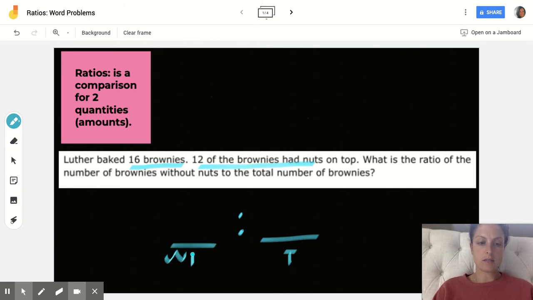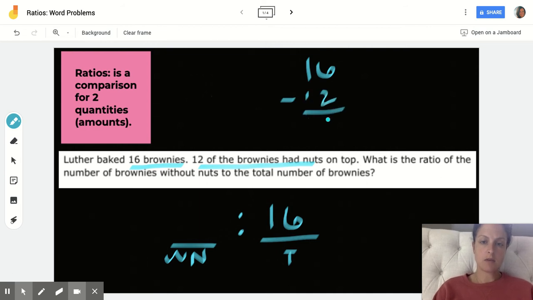Sometimes it's good to just make notes. So the total brownies I see back in the problem was 16. So we have 16 total brownies. That comes second based on our question. And then the brownies without nuts. It says 12 of the brownies had nuts. So to figure out how many did not have nuts, we would take our 16 minus our 12.